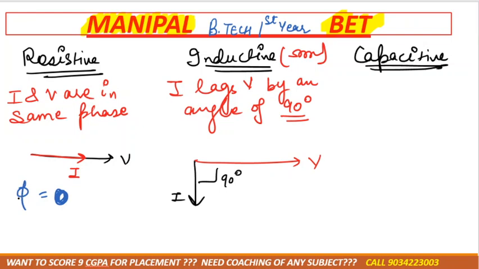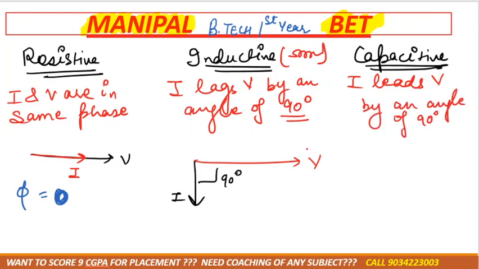Okay, now in the case of capacitor, current leads voltage by an angle of 90 degree. So tell me, what does it mean? If voltage is on the x-axis, current would be on the y-axis upward, right? Clear? Tell me, any doubt?